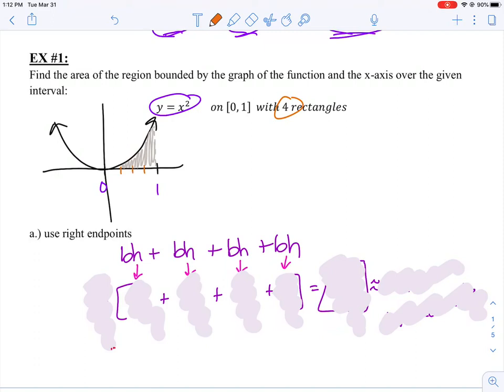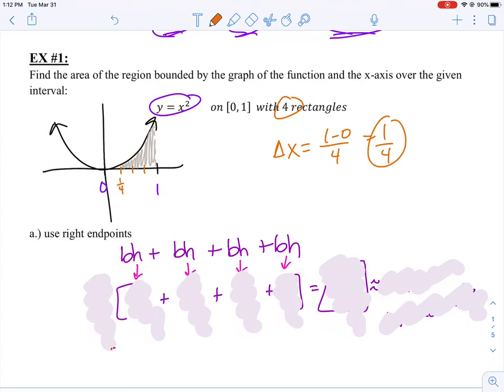So if I know that I want to separate it and make 4 different rectangles, let's figure out how wide each of our rectangles is going to be. Let's find our delta x. And so if my interval is from 0 to 1, I know there's a total of 1 unit. If I want to divide it into 4 different rectangles, well then I know that each of my rectangles is going to be a 4th wide.